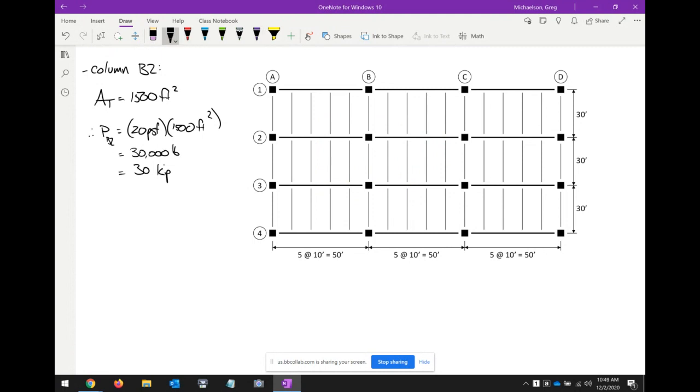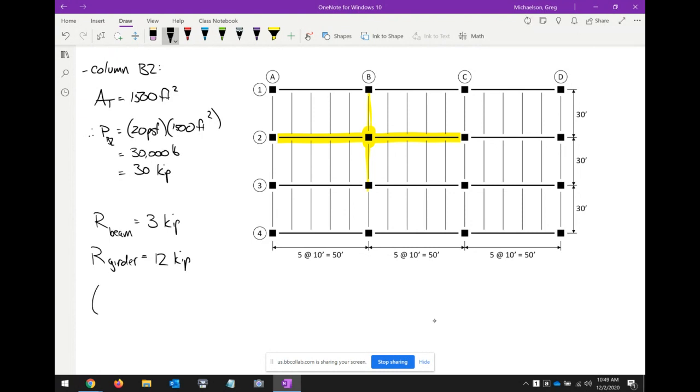Now, here's the other slick part, okay? Let's look at this from a framing perspective. Column B2 has two beams framing into it, and it has two girders framing into it. So check this out. The reaction from the beams was 3 kips, and the reaction from the girders was 12 kips.